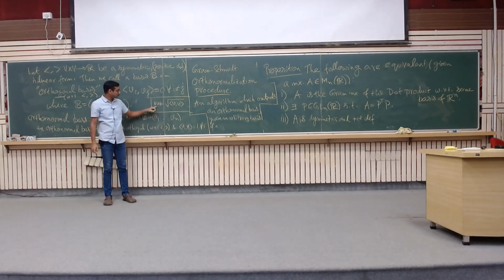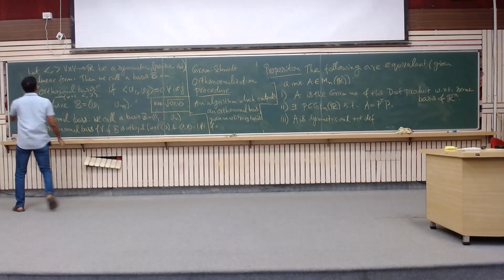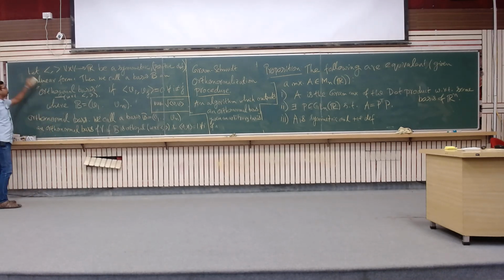So you can define this as the length of the vector, and now you are scaling the vector with the length. So you are dividing it by the length. You are making it length 1. And what will that mean? Let's write it down somewhere here.